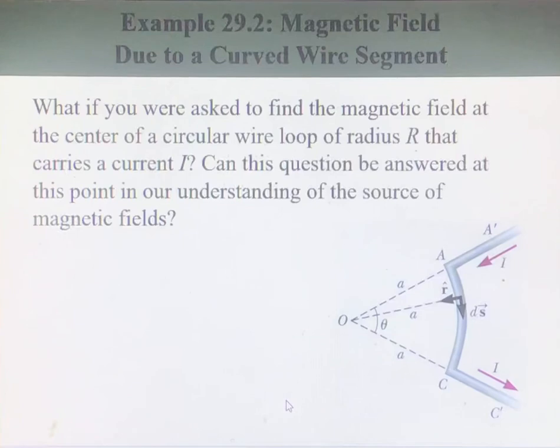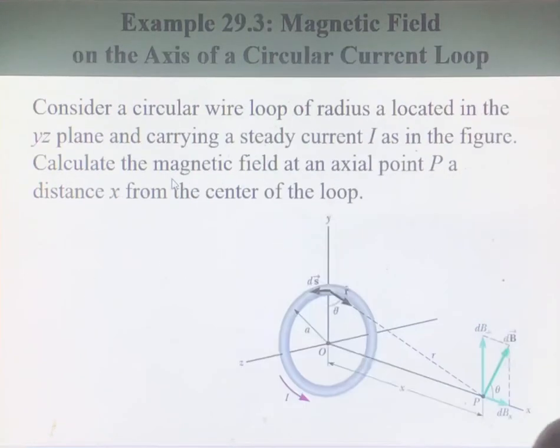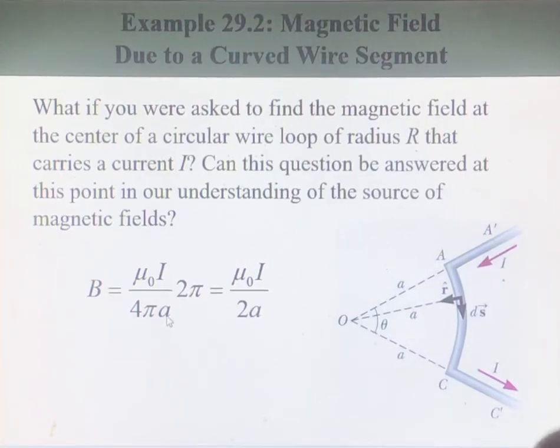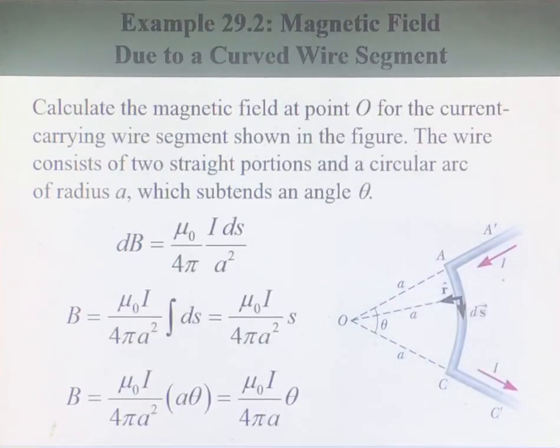Now what if I want to calculate the magnetic field at the center of a circular loop of radius r that carries a current I? For a circular loop, because we've already calculated this value here, we said that for an arc, this is mu naught I over 4 pi a times theta.